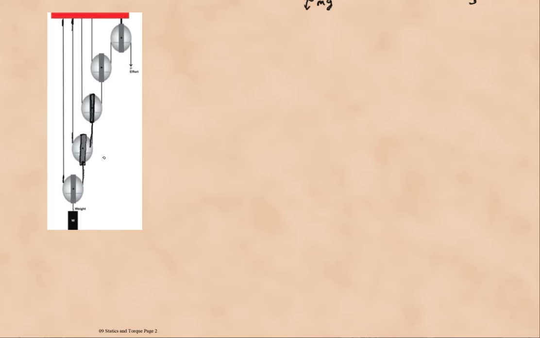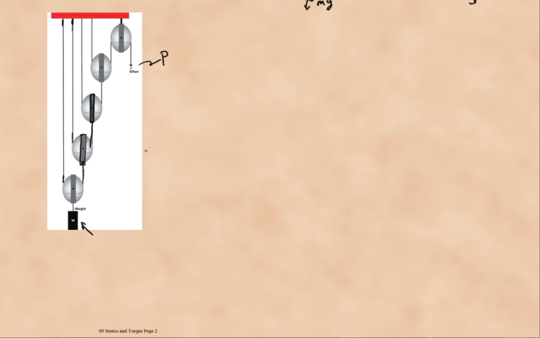So there are multiple ropes in this problem. What that means is the tension in each rope is not necessarily the same, and in most cases will not be the same. So how do I solve this problem? How do I find out what force I have to apply to hold up this weight?